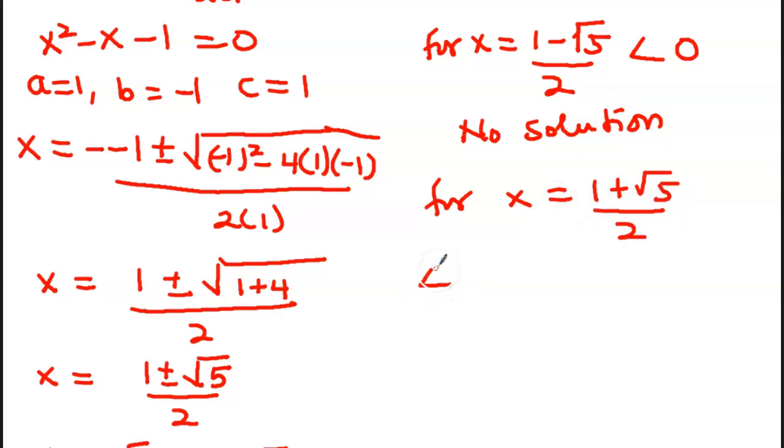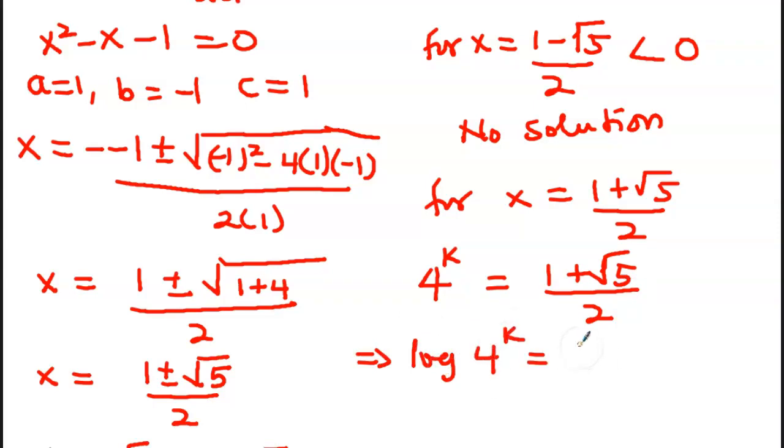Now for x is equal to 1 plus root 5 on 2, it implies that 4 to the power k is equal to 1 plus root 5 over 2. Now this, you cannot express the right hand side in terms of the left hand side. So we will use log. So we take log on both sides to the base 10, which implies that k log 4 is equal to log of 1 plus root 5 on 2.